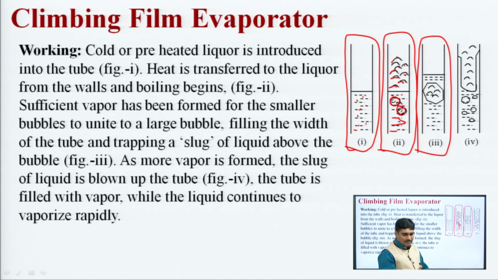So, as sufficient vapor has been formed, these smaller bubbles unite together to form a larger bubble. Okay. This larger bubble, what happens? It occupies the width of this tube.